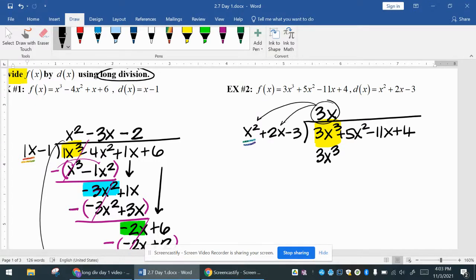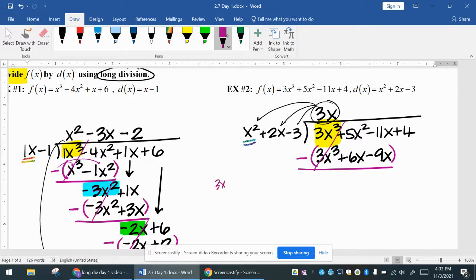But don't forget you have to multiply it to all the pieces, so finish distributing. After that, remember we're going to subtract all the terms. So 3x cubed minus 3x cubed is 0.